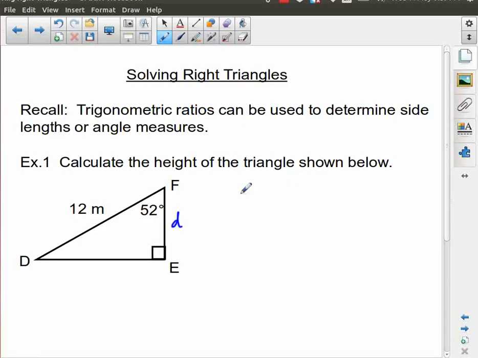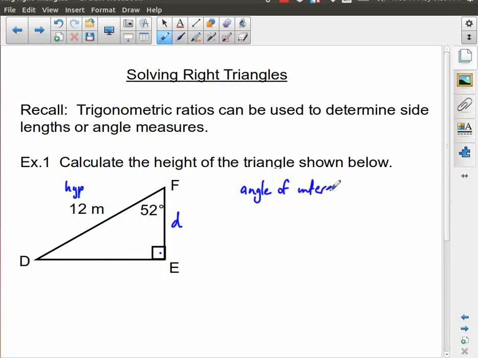So first of all, my angle of interest is here. That's one of the things you need. You need a right angle triangle and you need an angle of interest. Right angle triangle, this means that this is my hypotenuse across from the right angle. This is my angle of interest. You don't have to write this down, I'm just putting it here.